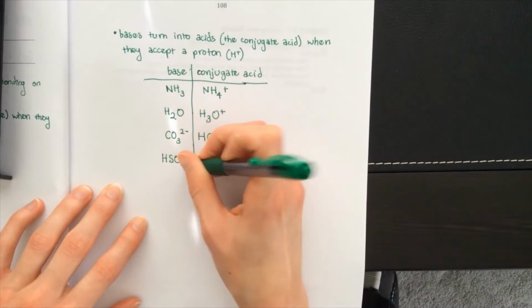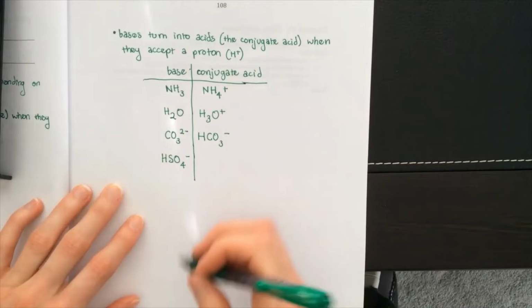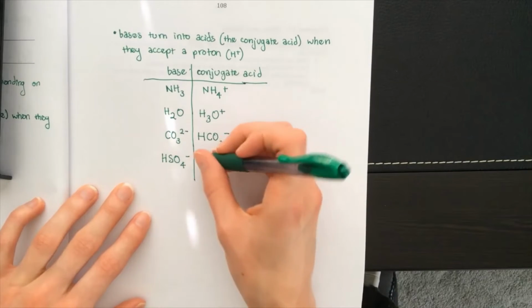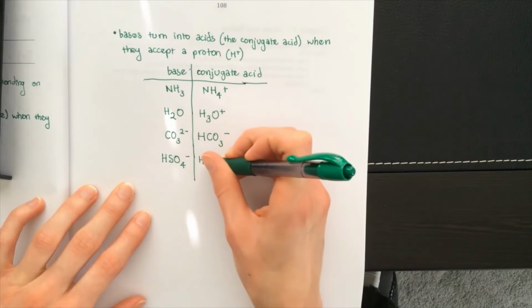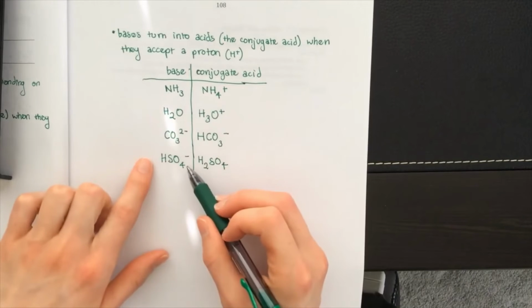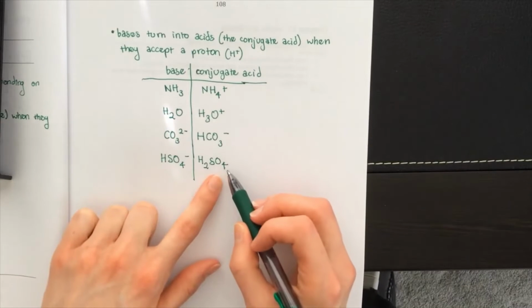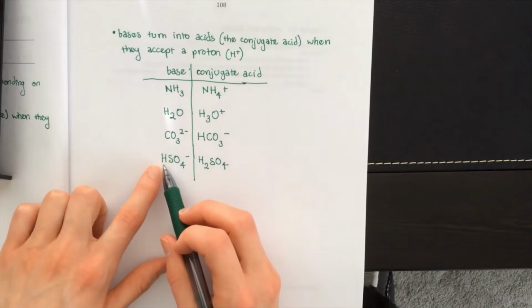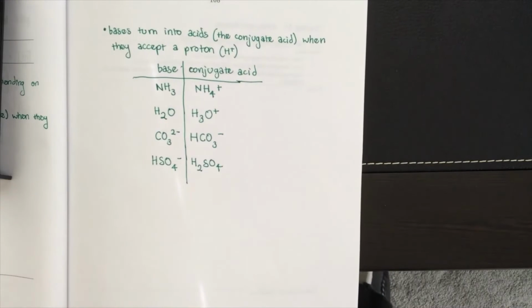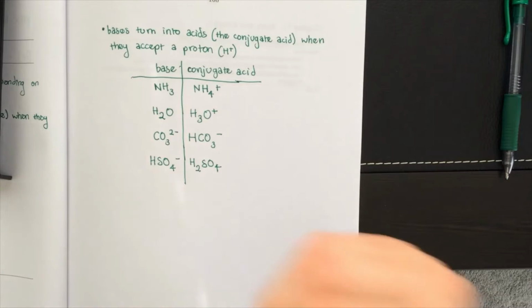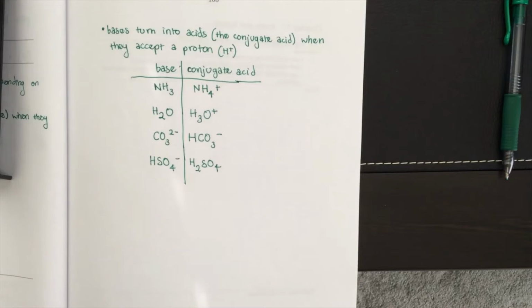You'll notice HSO4 minus was on the acid list, but it can also act as a base, and if it acts as a base, it's going to become H2SO4. So it is acting as a base to become a conjugate acid. When I say it's acting as a base, I mean it's gaining an H plus and turning into an acid. I know this is kind of hard to wrap your head around, but if you take it really slow and really think through it, you can figure this out.